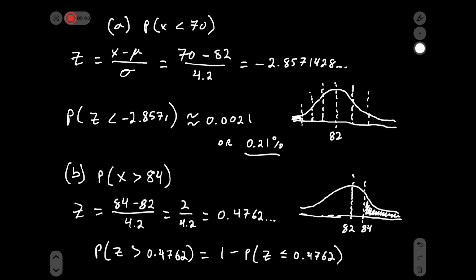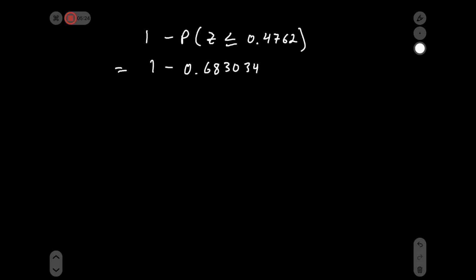Okay, and using our scores from the z-table, 1 minus the probability that z is less than or equal to 0.4762 is equal to 1 minus 0.683034, and this is approximately equal to 0.316966, and so on.